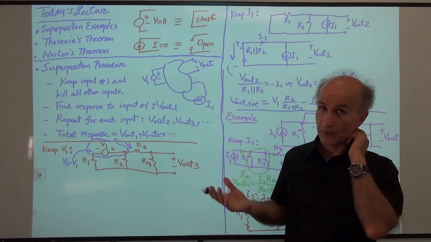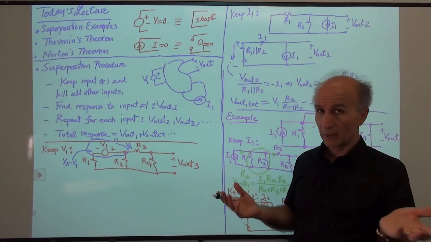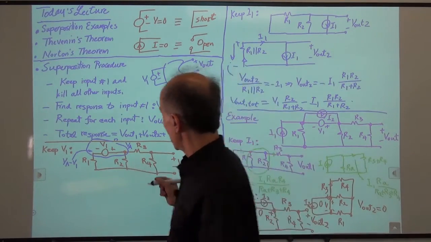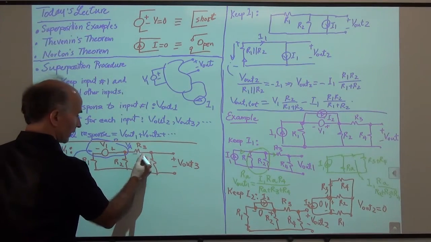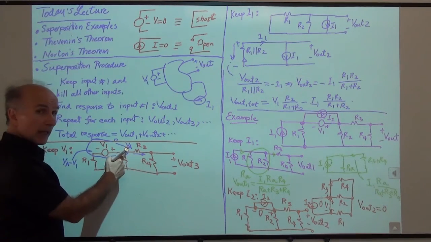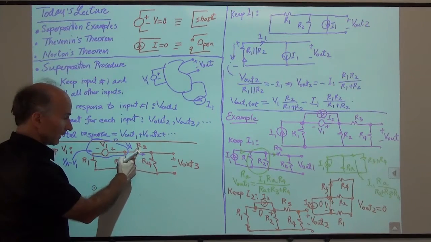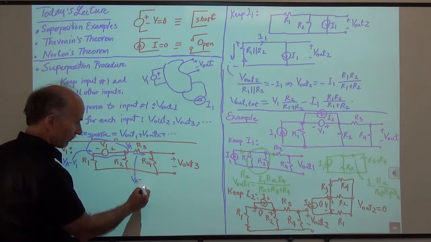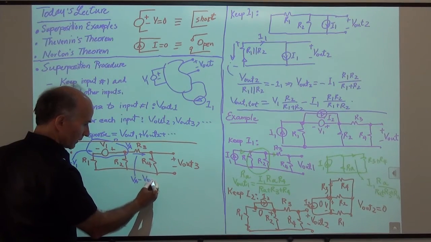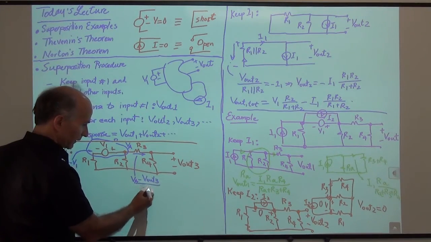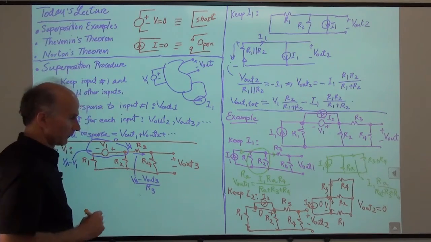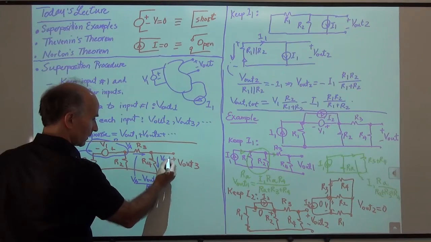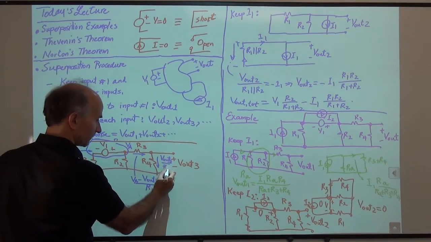Okay, so what we do is we say we are looking for VA and Vout3. Eventually, we're just interested in Vout3. But let's go ahead and analyze. Let's write a KCL at this node. So the current here going through R3 is VA minus Vout3 divided by R3. This current is easy. That's Vout3 over R4.